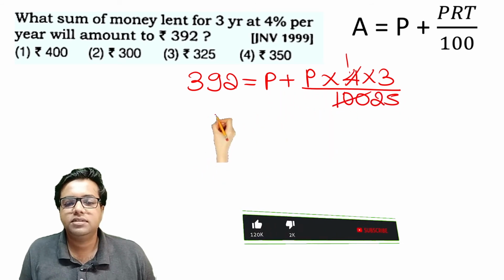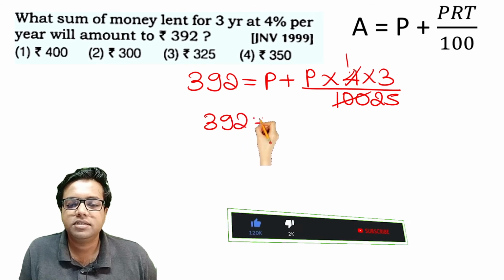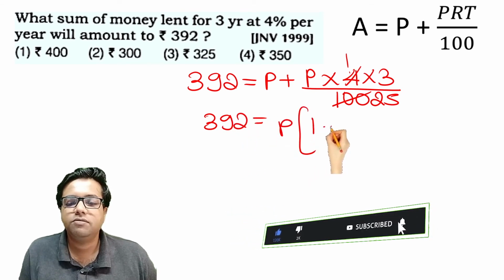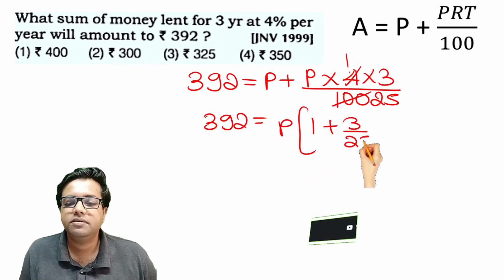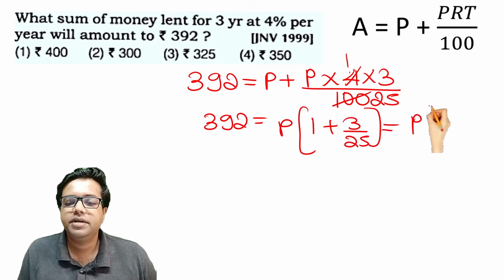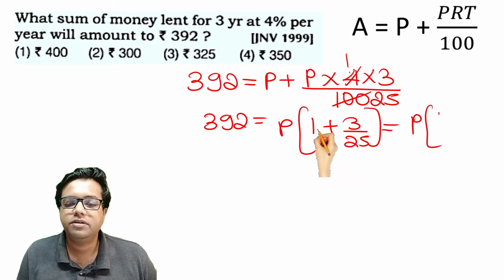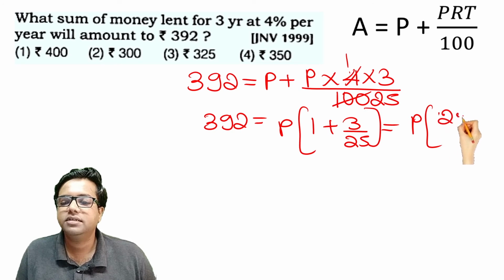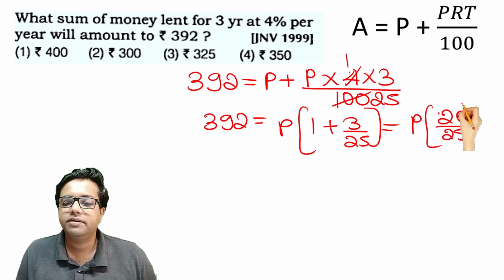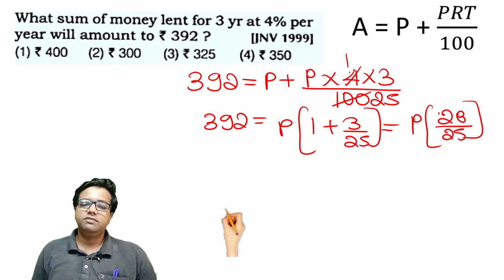Okay, after this 392 is equal to, take the principal common, P into 1 plus 3 by 25. So 25 into 1 is 25, 25 plus 3 is 28, 28 by 25.